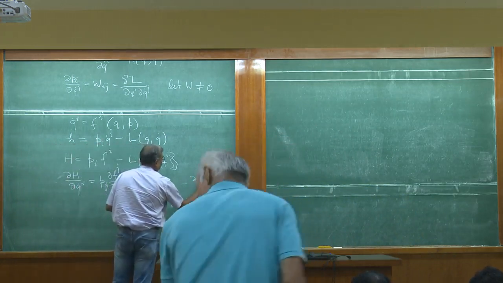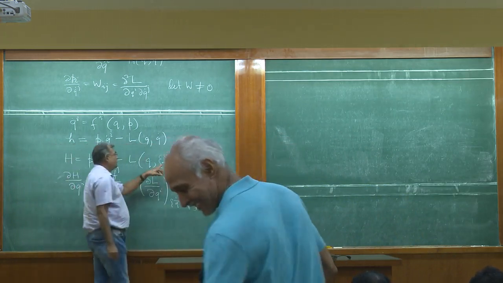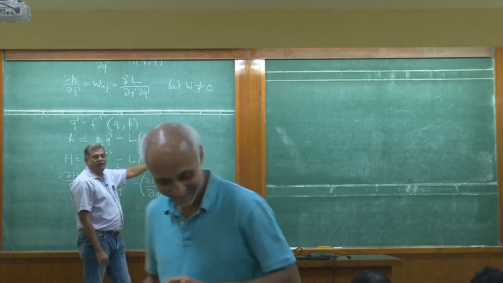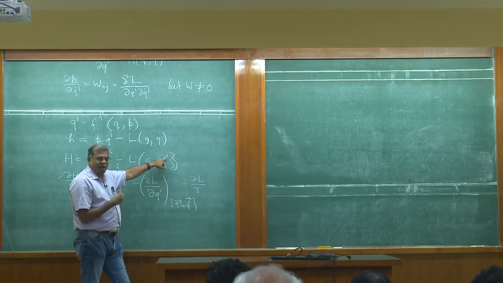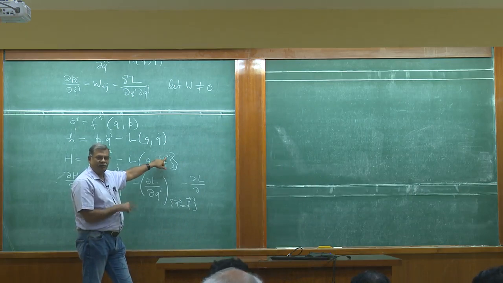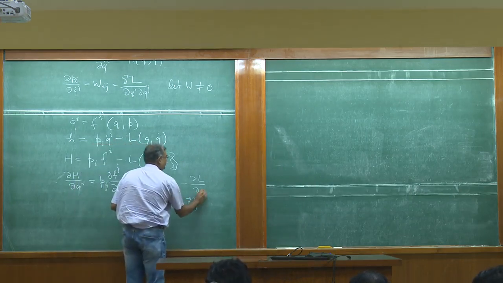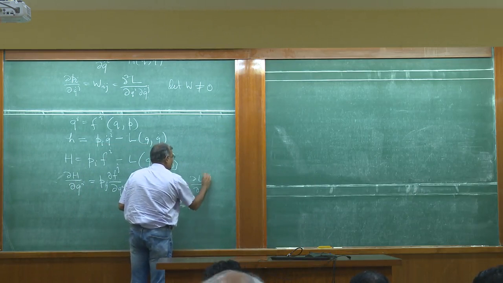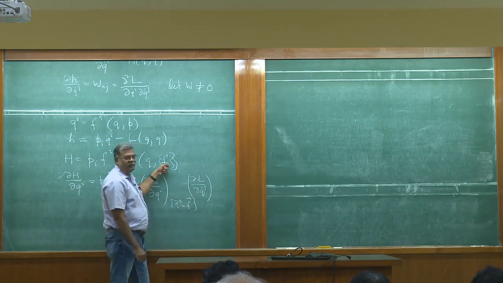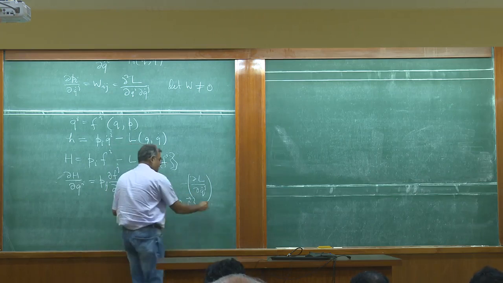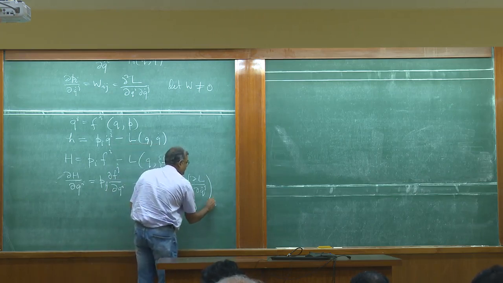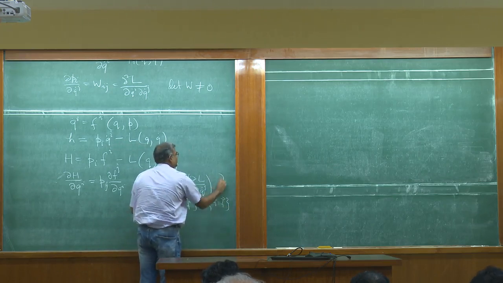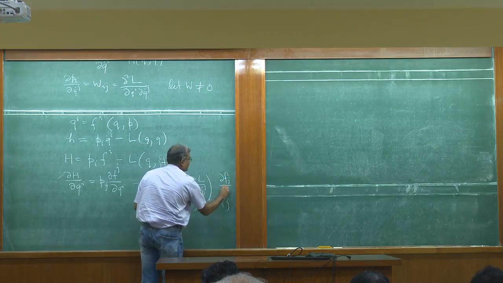Then you have another term which comes in because all these q dots have been replaced by f's, which are actually functions of q and p. So q is also very much in here. So del L del q_j dot, the jth velocity, I am differentiating that with respect to q_i, again remembering that after you do the derivative, you put all the q dots equal to f, times del f_j del q_i.